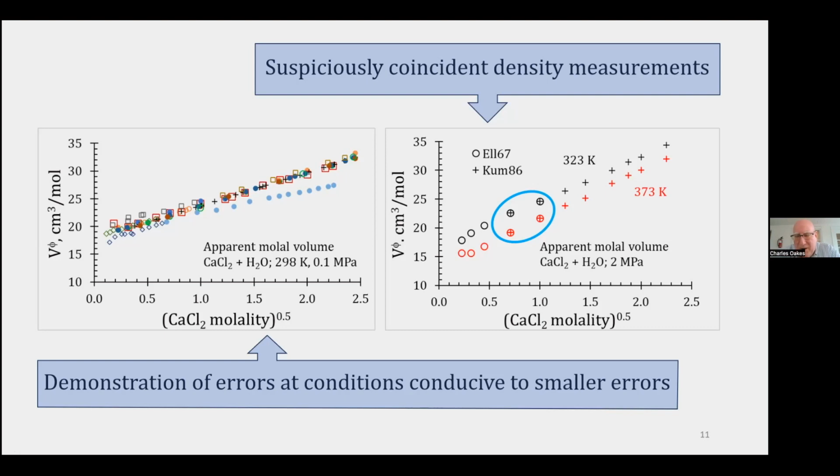But lo and behold, where these two different studies overlap, the data points overlap almost identically again. And one might think, well, that's just two measurement conditions and it's just two pairs of measurements. It's possible. The problem is that there are 7 isotherms, because both studies measured identical conditions over 7 temperatures, and they're all like that. They're all identical.